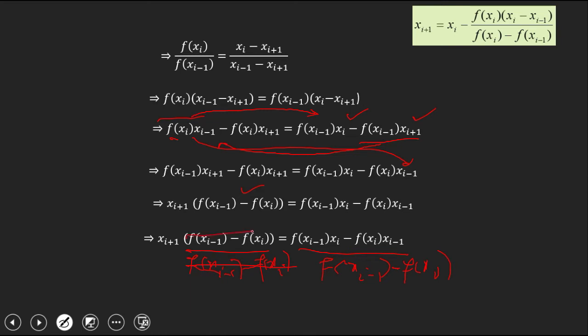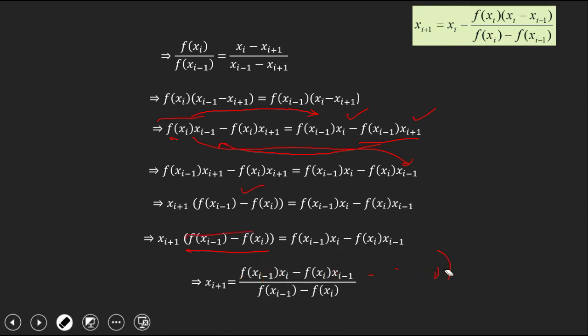This term will be cancelled out with this term, and what will we get? Xi plus 1 is equal to f of xi minus 1 into xi minus f of xi into xi minus 1, divided by f of xi minus 1 minus f of xi.